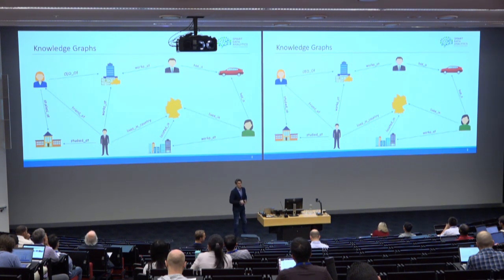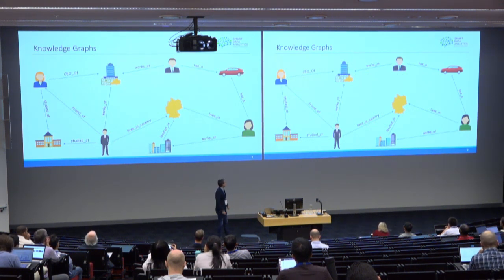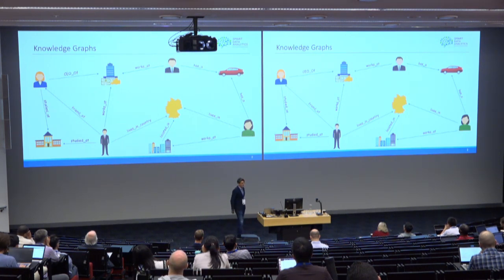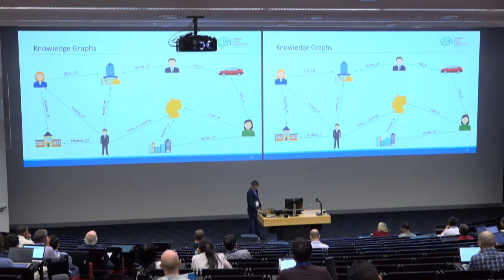Everybody knows what a knowledge graph is, but just to recap, we consider a knowledge graph as a multi-relational graph where the nodes represent entities and the edges represent relations between them. Usually these knowledge graphs are incomplete, and different approaches have been proposed to derive missing links, such as rule-based systems.